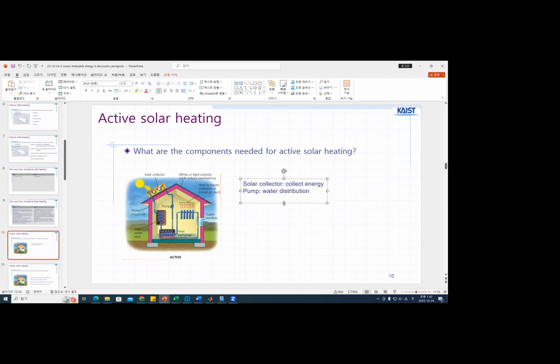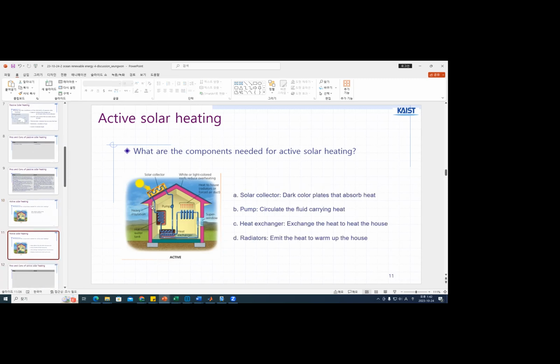Yeah, you're right. So this one is my opinion. As it says, we need a solar collector outside because we have to collect the heat from the sun. So we should use dark color plates that absorb heat in the solar collector.